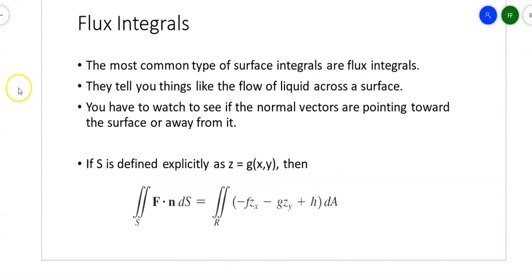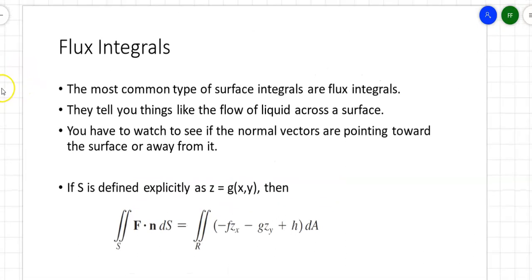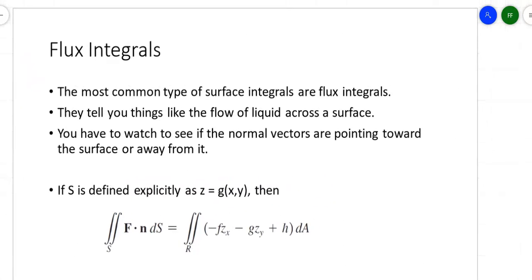Flux integrals. The most common types of surface integrals are flux integrals. They tell you things like flow of liquid across the surface. Are your normal vectors pointing towards the surface or away from the surface? So if you have an explicitly defined surface, and again, those are the ones we're focusing on in this section, you can find the flux across the surface by doing negative f times the partial derivative with respect to x, minus g times partial with respect to y, plus h, integrated across some area.